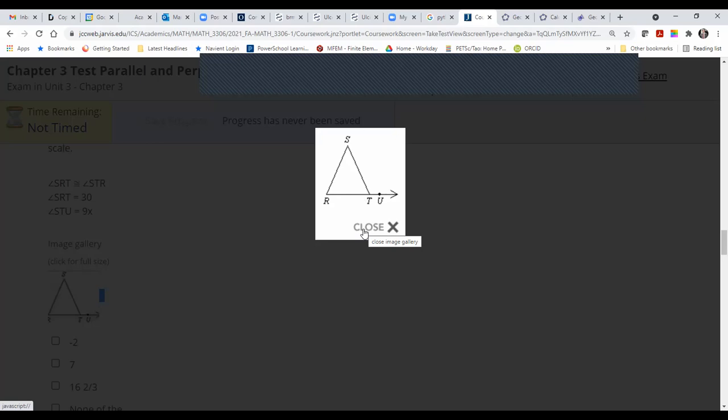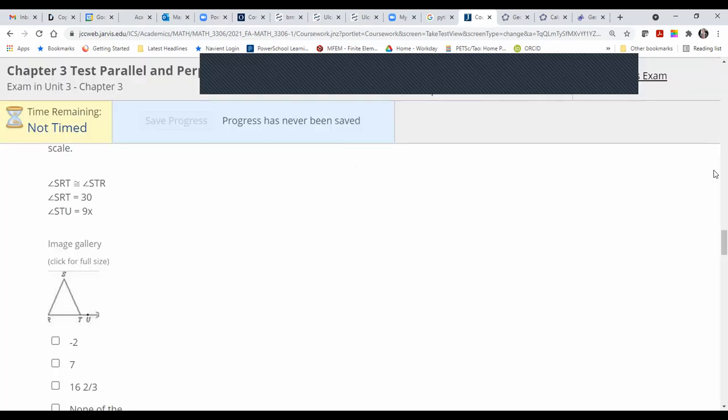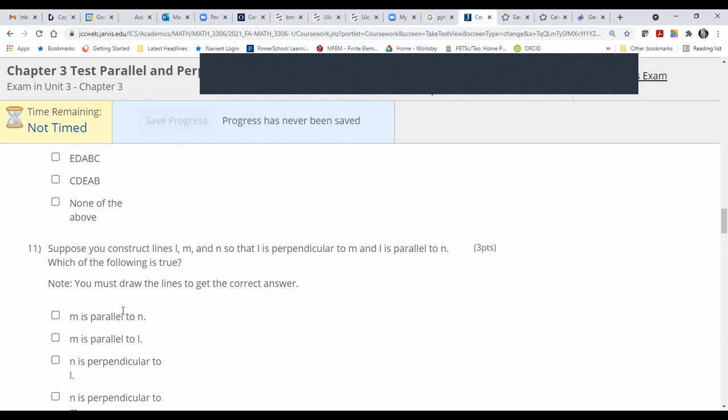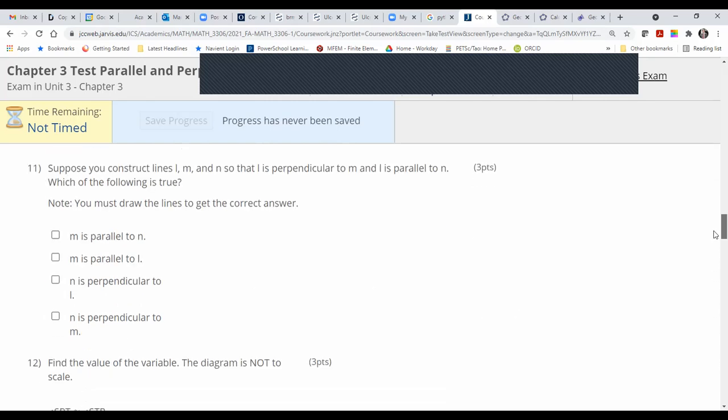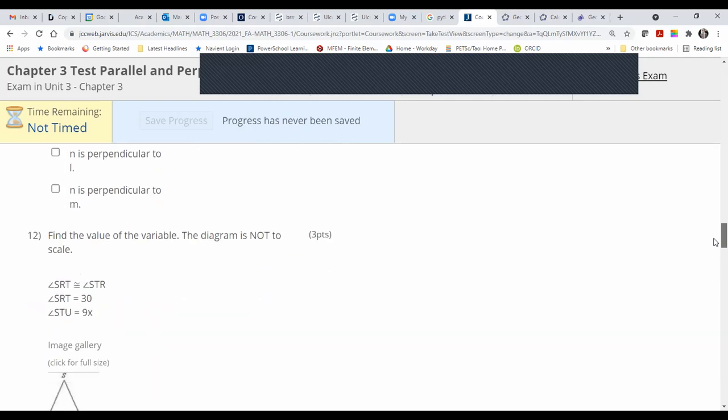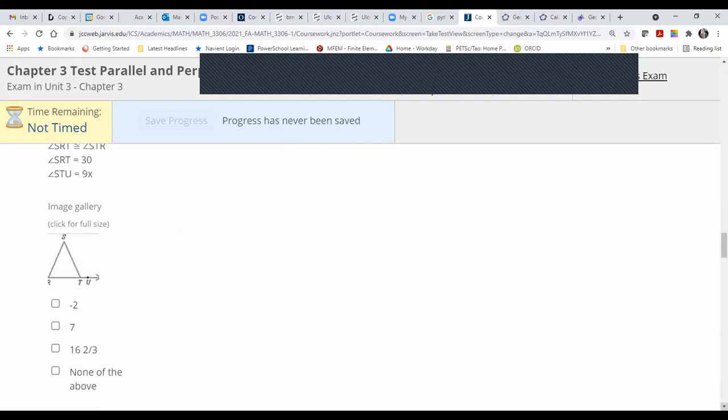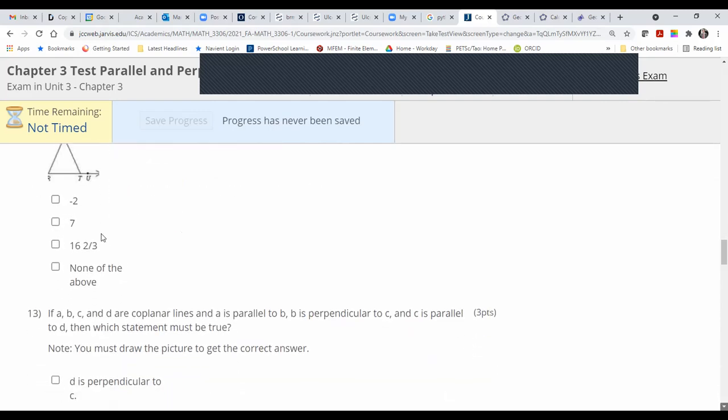Yeah, when you get the x, you can find what the STU is. Oh no, I think you just need to find what the x is here. Okay. So when you get the x, the answer will be one of these. Okay.